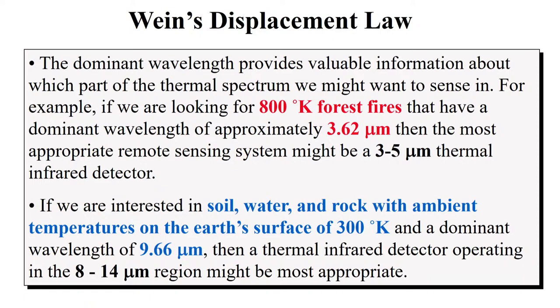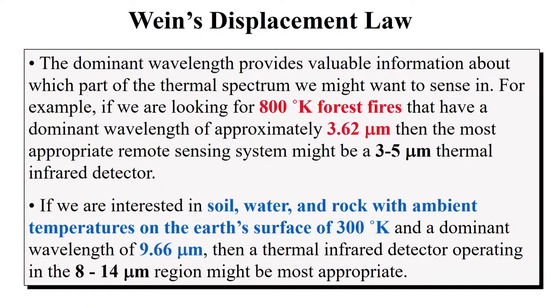the dominant wavelength provides valuable information about which part of the thermal spectrum we might want to sense. Here an example is given. If you are looking for 800-degree Kelvin forest fires that have a dominant wavelength of approximately 3.62 micrometer, then the most appropriate remote sensing system might be a 3 to 5 micrometer thermal infrared detector. So according to one's application, one will be able to find out the most suitable wavelength range for their particular application of thermal remote sensing.